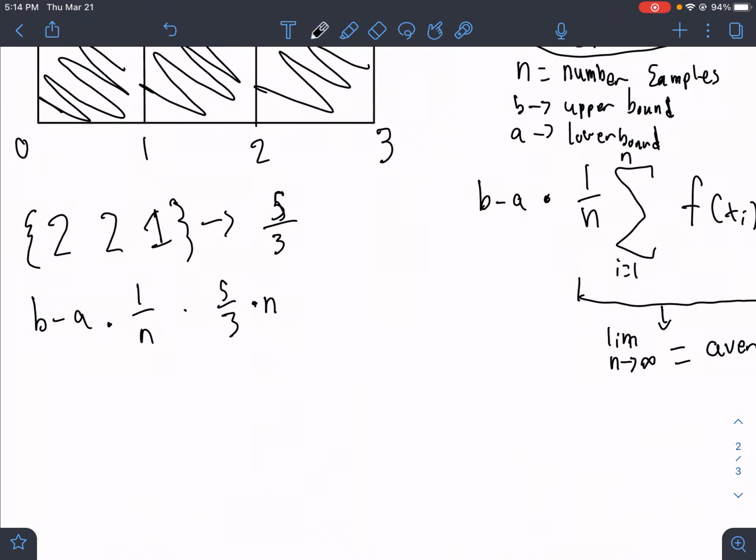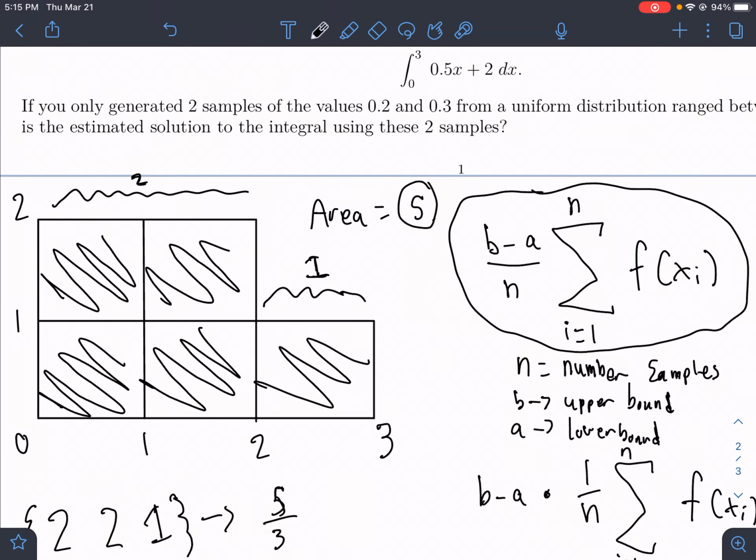I'm just going to assume that we sample 1 million times, and roughly the average of all the samples is the average, so I'll multiply that by n, divide by n, and if we do all this, b is 3, a is 0, we multiply that by 5 over 3 times n over n, this just gives us 5, which is in fact the true area.